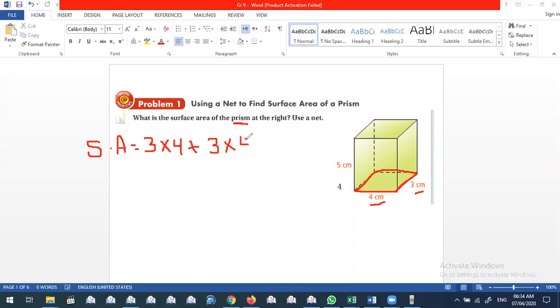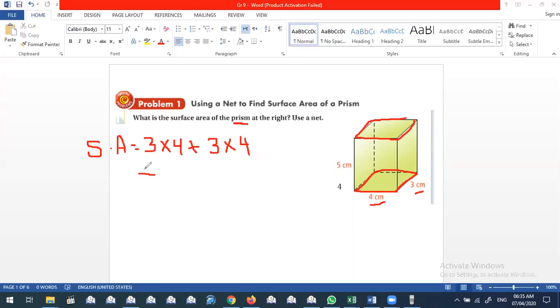Why? Because we have 2 faces with the same dimension. This one and the opposite to it, this one. Its length is 4 and width 3. So 3 times 4 plus 3 times 4 again.